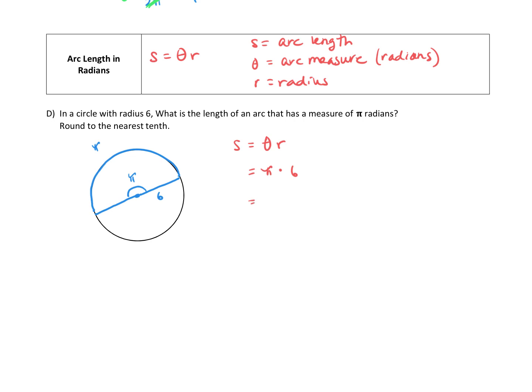If we were to leave this answer in terms of pi, we would say 6 pi. We also could just say it's about equal to 18.8. So whatever this 6 is measured in, if this is 6 inches, this is 18.8 inches. So let's say you draw a circle that has a radius of 6 inches. If you were to measure going around, you would need a bendy tape measure all the way to here. That distance would be 18.8 inches.